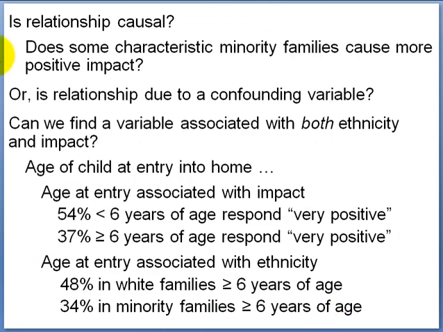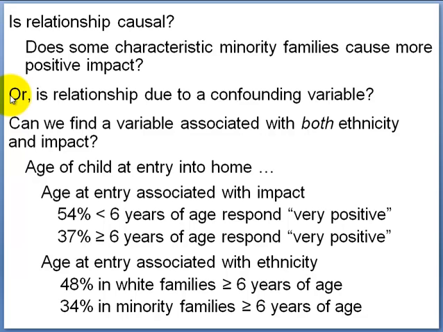So is this relationship a causal one? In other words, does some characteristic of minority families actually cause more positive impact? Or, on the other hand, is the relationship due to a confounding variable? I mean, is there perhaps, for instance, some characteristic of the kids adopted into minority families that differs from kids adopted into white families?